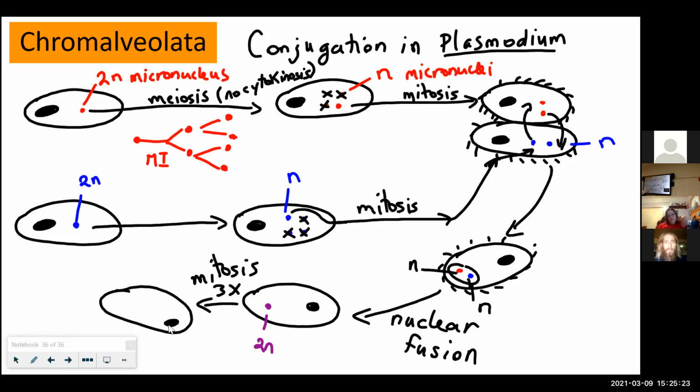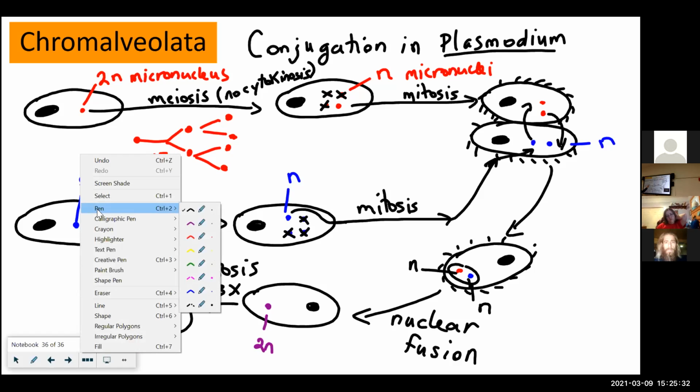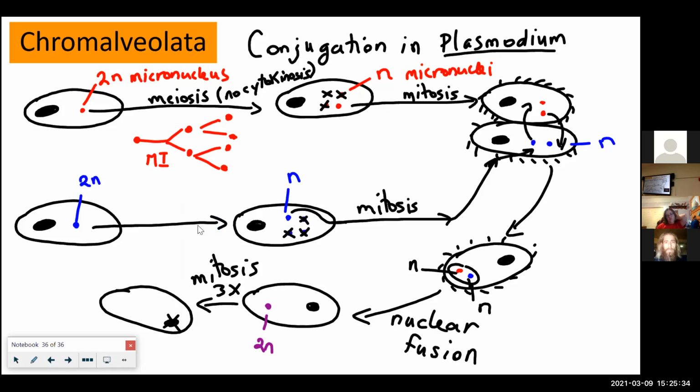This original macronucleus actually disintegrates. And because you've gone through 3 rounds of mitosis, 1 becomes 2, 2 becomes 4, and then in the 3rd round, you end up with 8 of these.